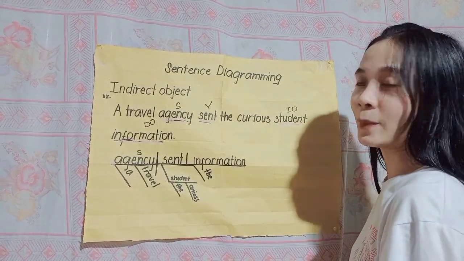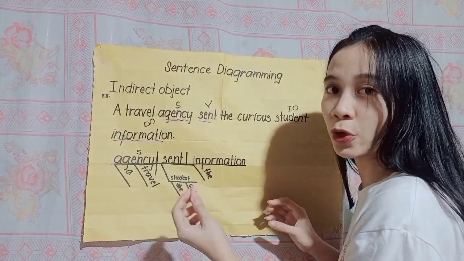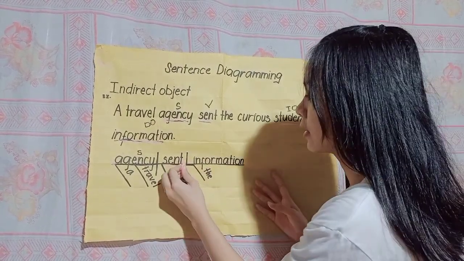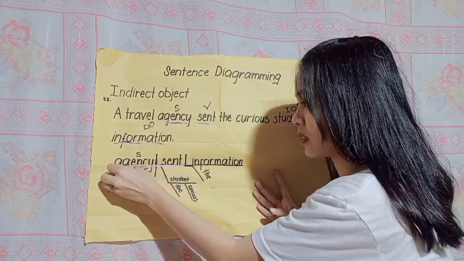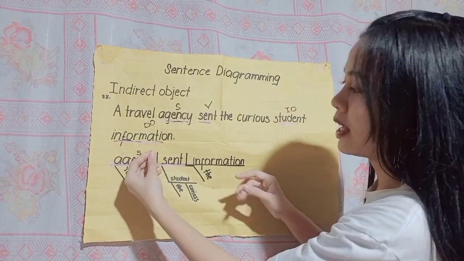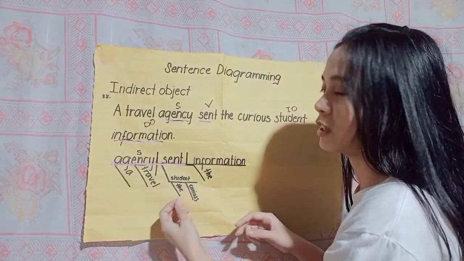So in diagramming an indirect object sentence, first we're going to draw a horizontal line beginning from here, and a vertical line dividing the subject and the predicate.